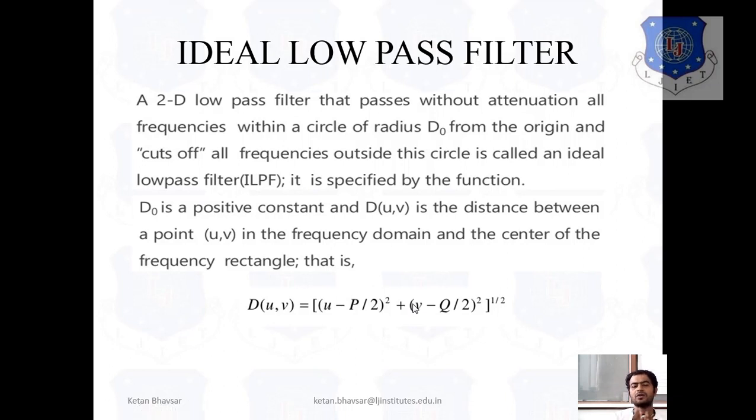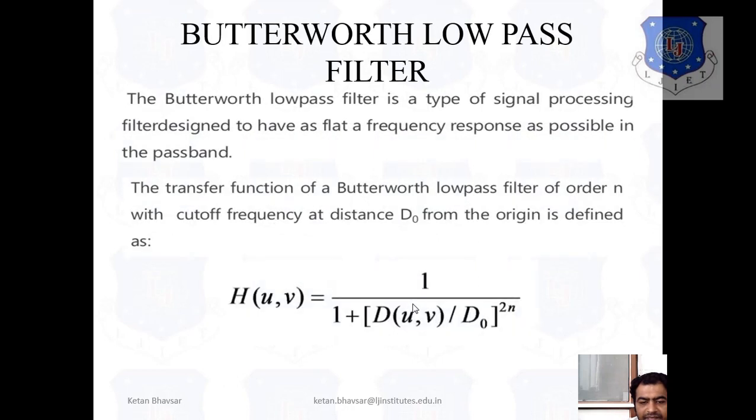We have to take row and column values, then a differentiation value, then provide numerical mathematical operations and intersections. We also have to write this type of equation using a for loop based concept, because the image size can be 256 into 256, 512 into 512, or 1024 into 1024, so it can be any. This H of u comma v based concept we can apply, and we can get better content with respect to a specific methodology.